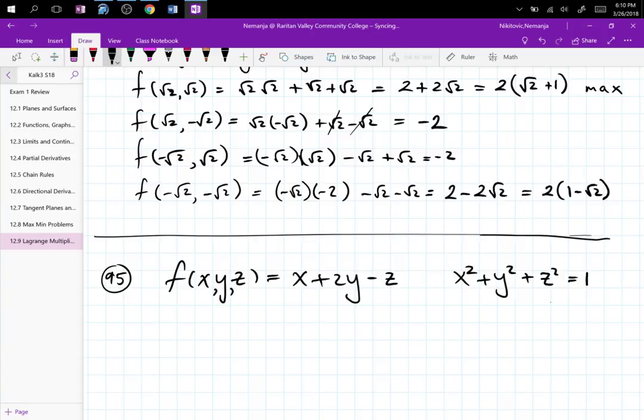By the way, what is this constraint? Sphere, very good. And what is the dimension of this function here? 4. Very good.